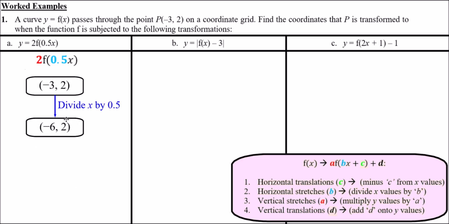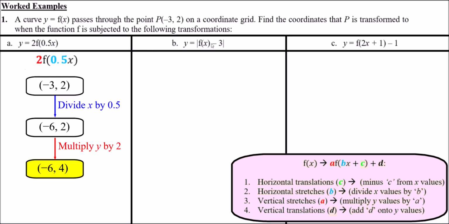The y value is not affected. Afterwards, we can deal with a. A multiplies the y values, so we take this y value and multiply by 2. 2 multiplied by 2 gives us 4. Therefore, the point minus 3, 2 finally lands up at the point minus 6, 4.